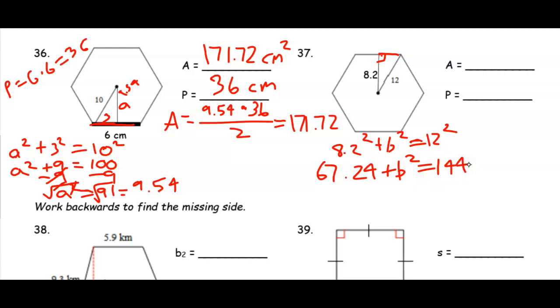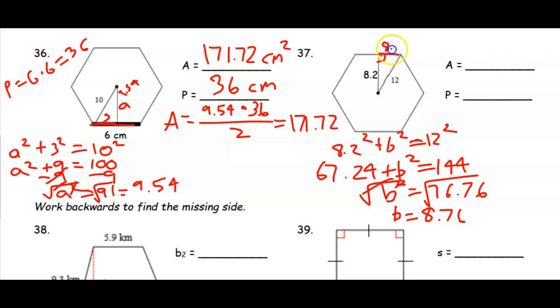Then we're going to do 144 minus 67.24. So b squared equals 76.76. And then we need to square root both sides. So square root 76.76. So b, the missing side length, is 8.76.